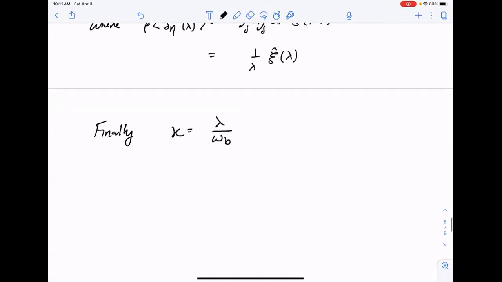In the large friction limit, lambda naught is equal to omega of the barrier squared over the friction, the amplitude of the friction.